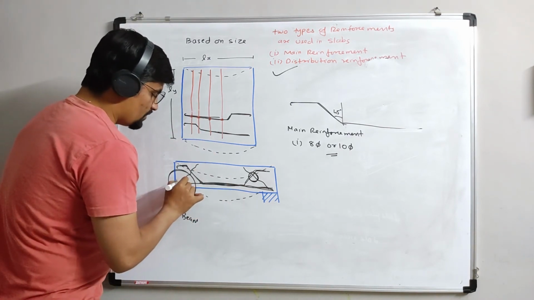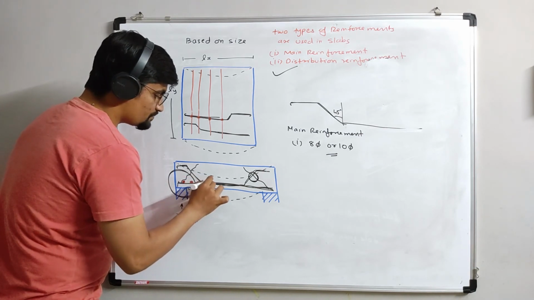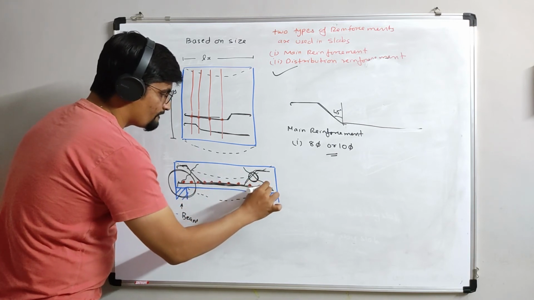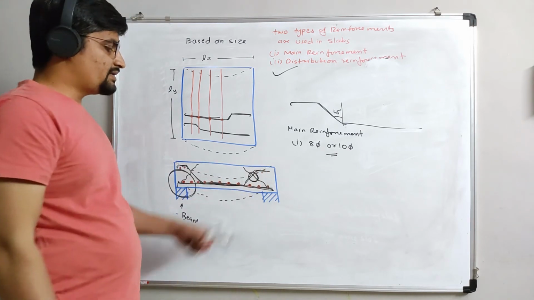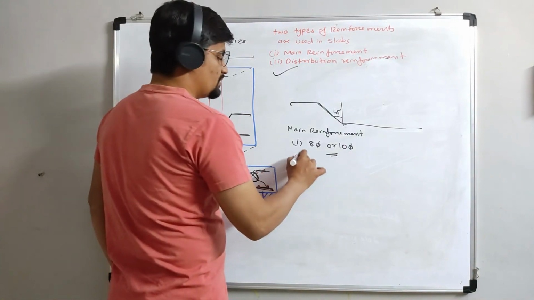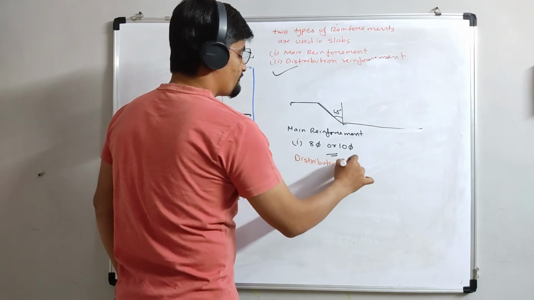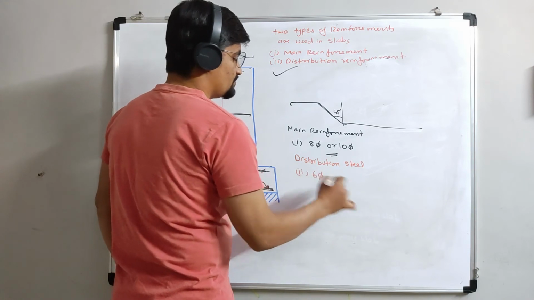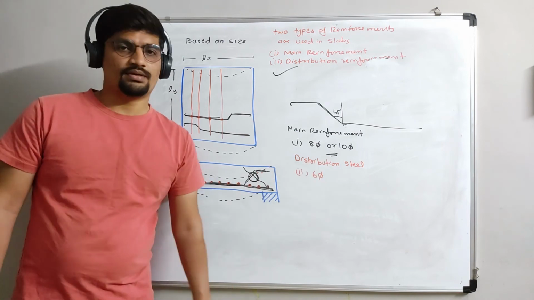And in plan view, it will look like this. So like this, the distribution steel is placed, and the distribution steel will be of 6 diameter.